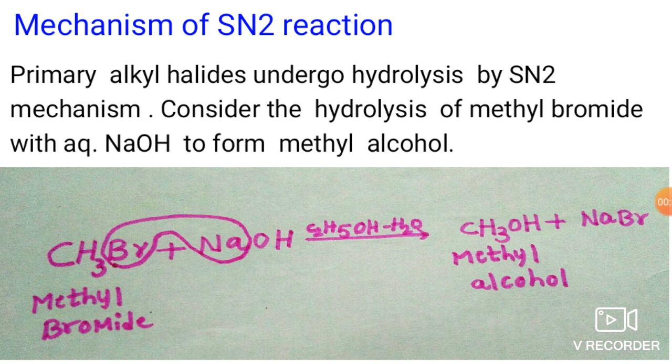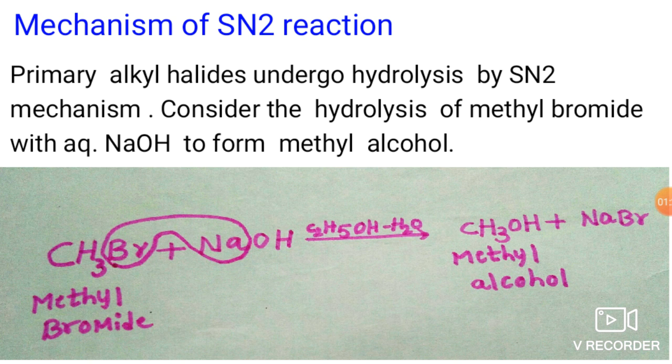Mechanism of SN2 reaction. Primary alkyl halides always undergo hydrolysis by SN2 mechanism. Consider the hydrolysis of methyl bromide, CH3Br, reacting with sodium hydroxide, NaOH, in the presence of ethanol, C2H5OH.